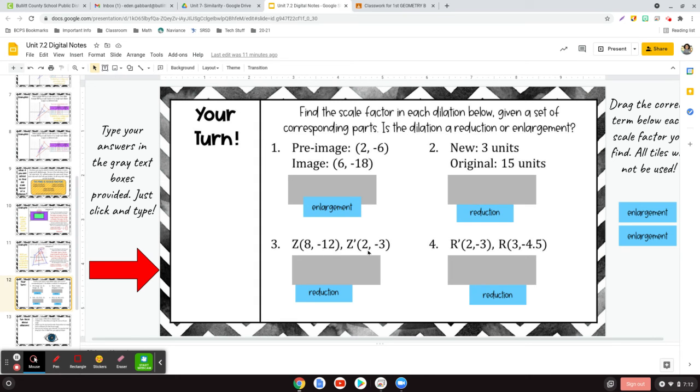We go from 8 to 2, and so that gets smaller, so we know that's a reduction. We've got to find our original image point on number 4 here, and it's going to be this point here of R as 3, -4.5, because it does not have the little tick mark, and this one does. This is R prime. So if we start at R and go to R prime, we have 3 going to 2. Does it get bigger or smaller? It gets smaller, so it's a reduction.